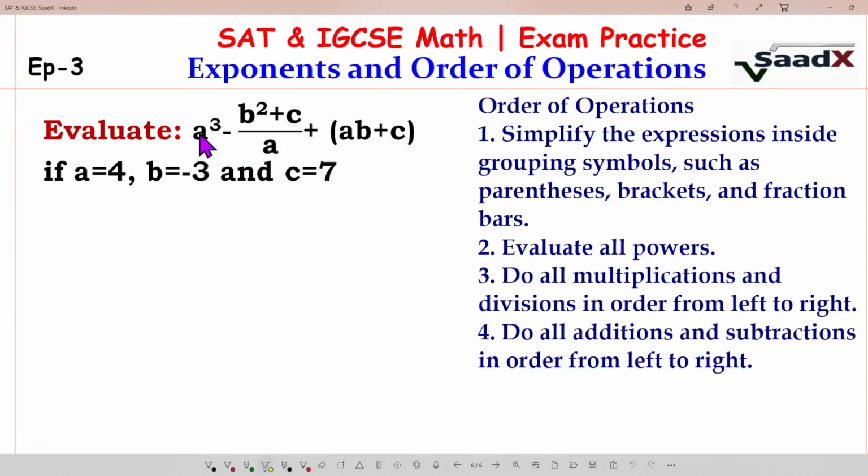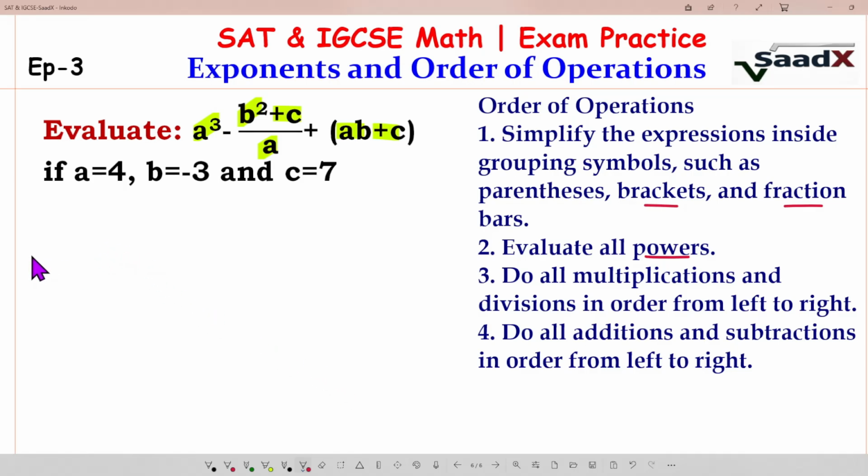This one: a cubed minus b squared plus c, divided by a, plus ab plus c. This order of operations problem combines powers, brackets, and fractions. It's a very interesting math problem, right?